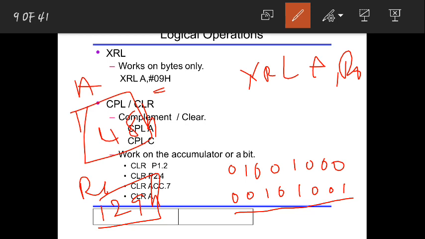Now the XOR operation. First, how does the XOR operation work? Whenever you have two similar bits, you get the result 0.